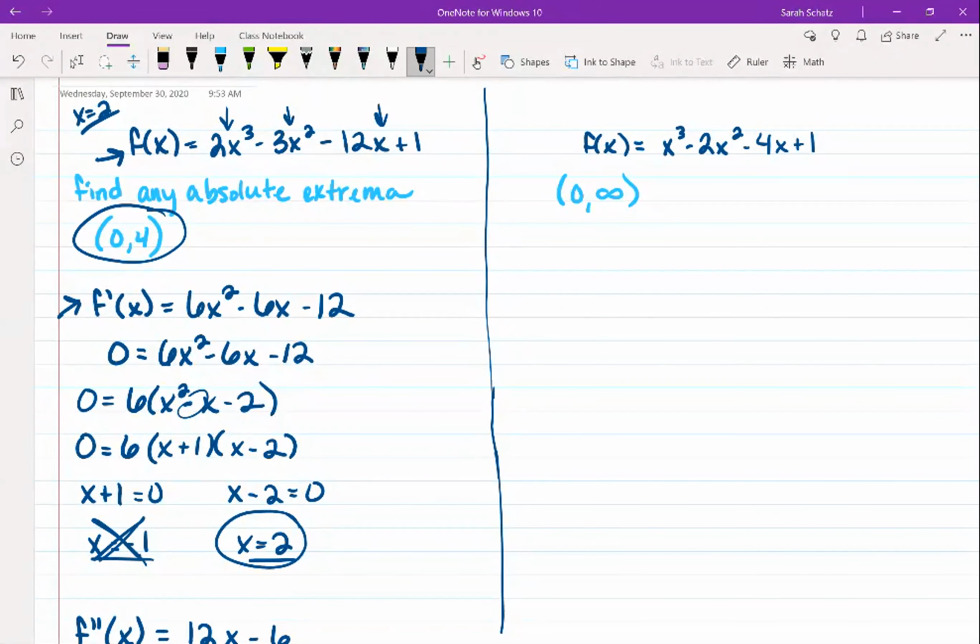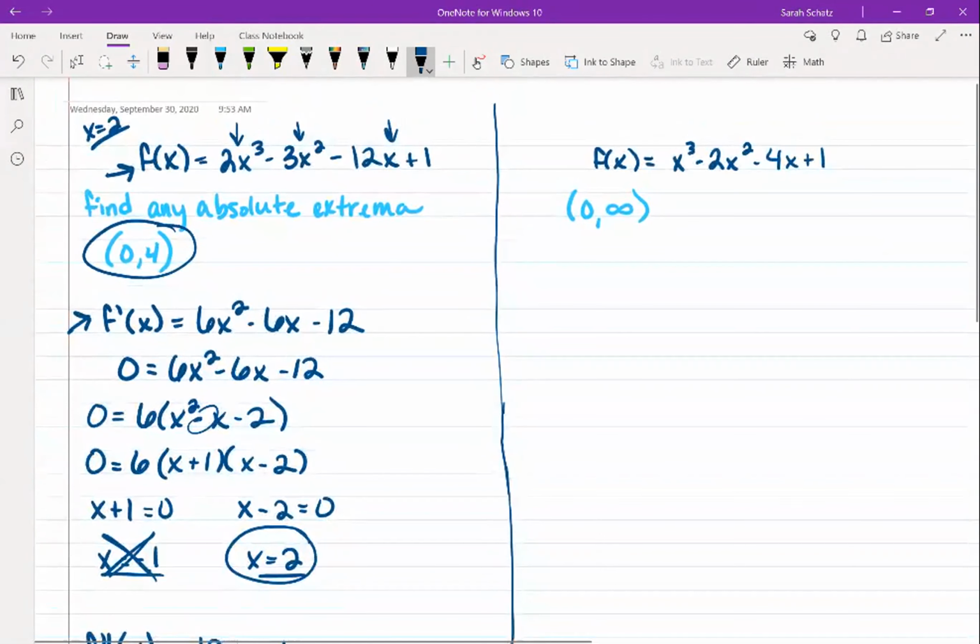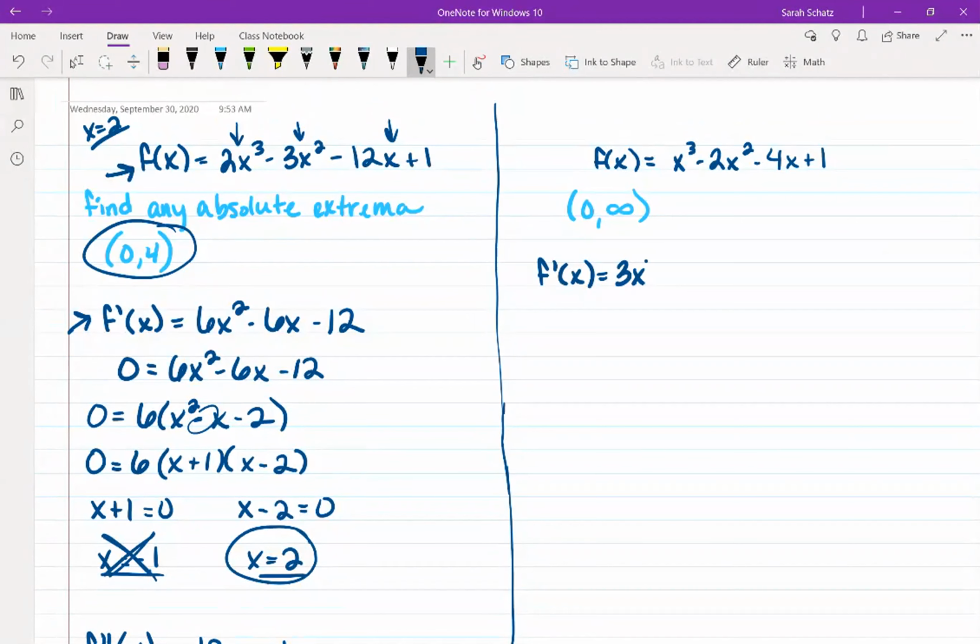So let's do that. Find the first derivative. This time we're going to have 3x squared minus 4x minus 4. That looks right. And then I need to set that equal to 0. On this one, I can't factor out a 3 from everything.